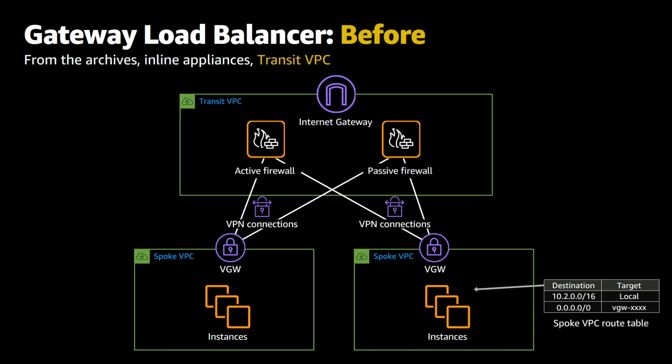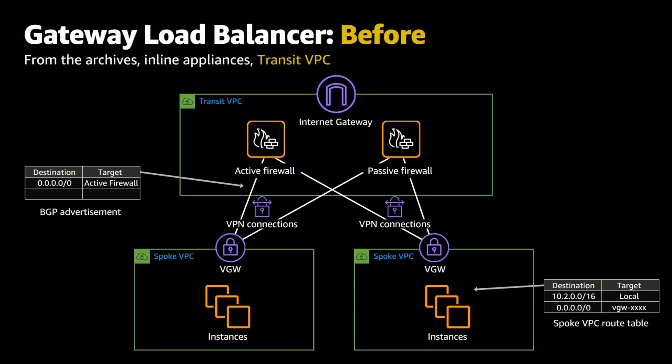And then my spoke VPCs will send all the traffic to my VGW whenever they want to go out to the internet. In this case, the 10.2 is a local subnet. And so the VPN tunnels, that's what the VGW will do. If I receive a destination of 0.0.0.0/0, I'm going to send everything to my firewall, right?